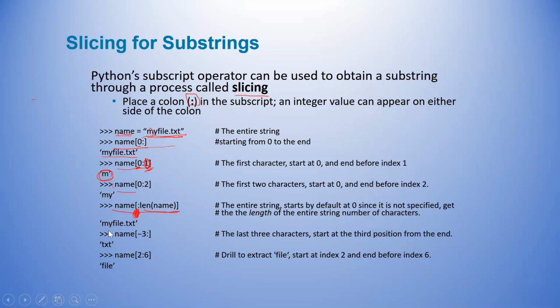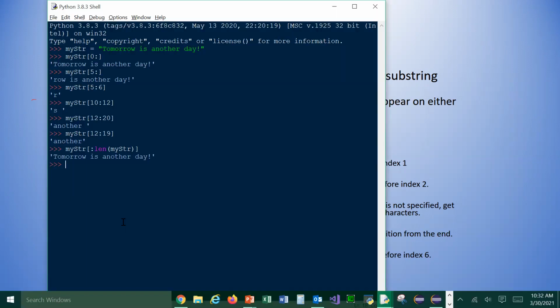Okay. Now let's look at the next one. The next one is name minus 3. Why does it give you this, everybody? Look at the syntax. Can you explain why it gives you this text? Or I will just do it here. If I do this. No, I did it wrong.